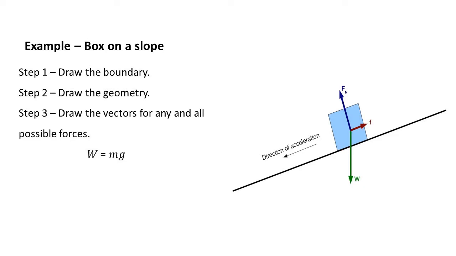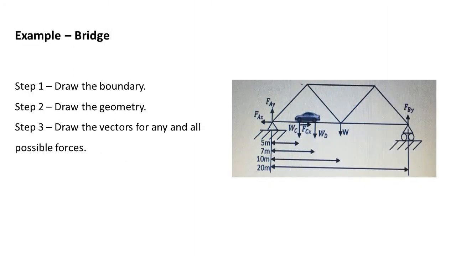The first one is the normal force, which is also called the reaction force. It's the same amount as the weight and in the opposite direction. And finally, there will be the friction force, which is tangent to the surface, and it should be opposite to the motion.